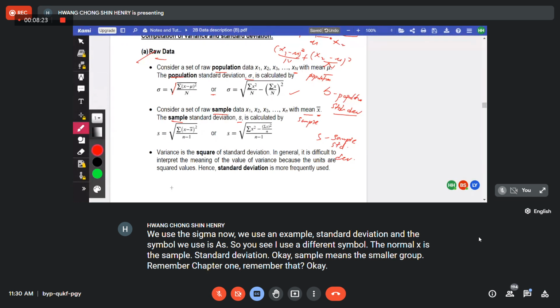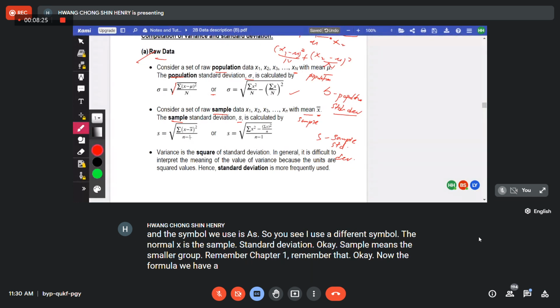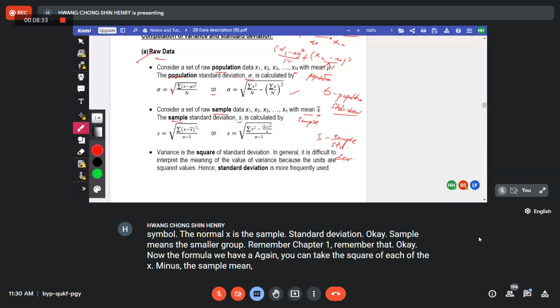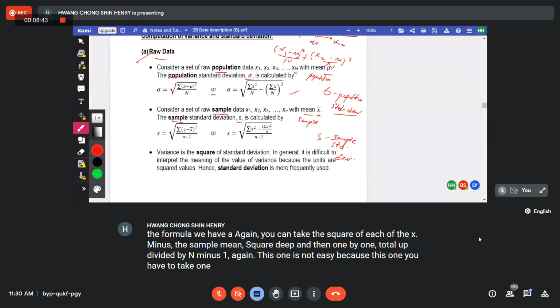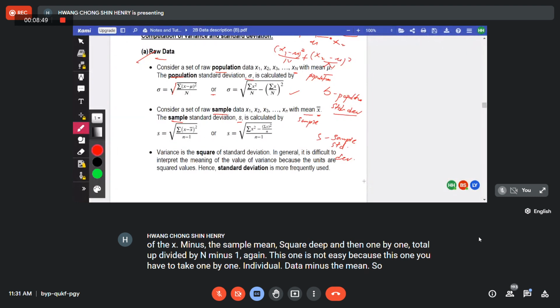Now the formula we have: you take the square root of the sum of each x minus the sample mean, squared, then total up one by one, divide by n minus 1. Again, this one is not easy because you have to take each individual data minus the mean, so it's very tedious.